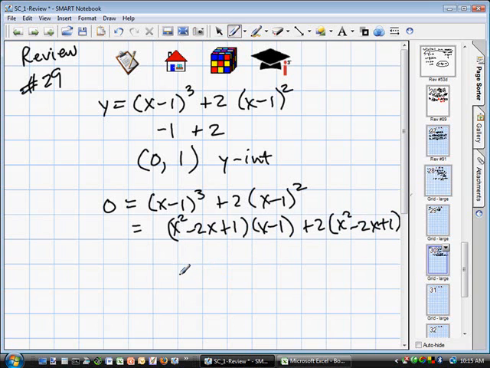Okay. Well, one thing I could have done that would have been really easy, I could have factored an x minus 1 squared out of here right away, and then I could have set that equal to 0, and we can see that x minus 1 equals 0, x equals 1.